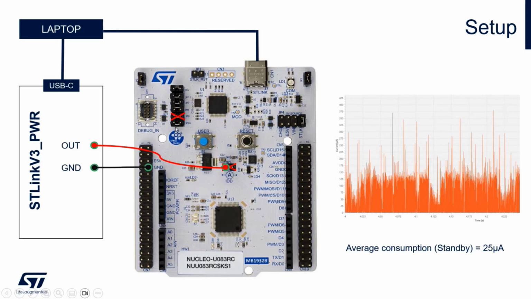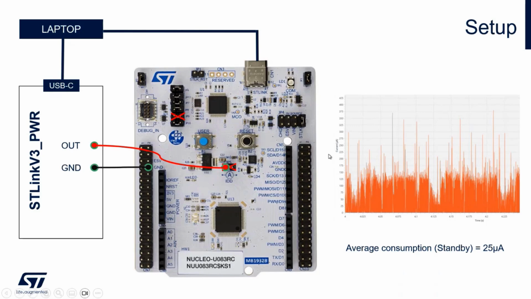The last point is that in this specific example, as we will use the USB-C cable to be able to use the UART communication between the Nucleo and the laptop, we will have two ground references on the same board. One from the STLink V3 power because we supply the MCU with it, and one from the USB-C connector because it is linked to the 5 volts of the laptop. So the limitation here is, for example, when I measure the standby with this configuration, we have an average consumption of 25 microamps, which is very high for the standby.